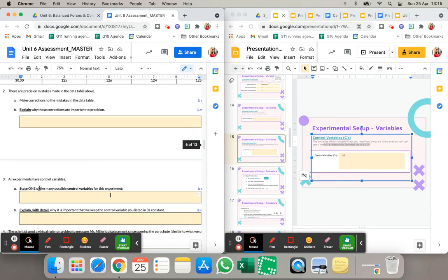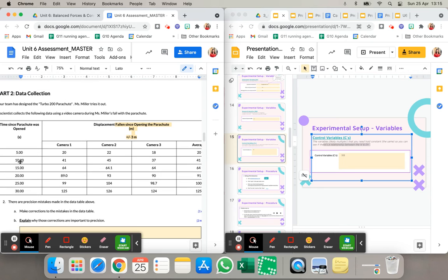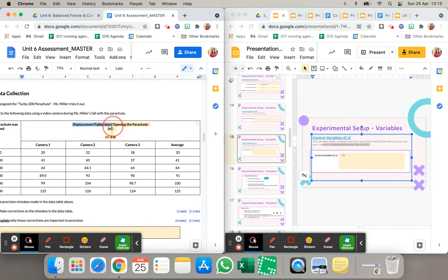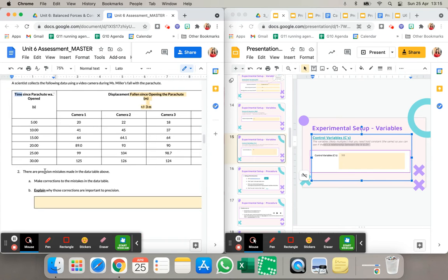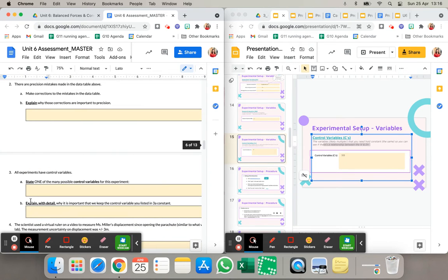So the idea of control variables was we need to control everything else that could affect displacement that's not time. So if I see a result, if I see an effect, I can say, okay, there's evidence that the effect I'm seeing is coming from time and not coming from something else.